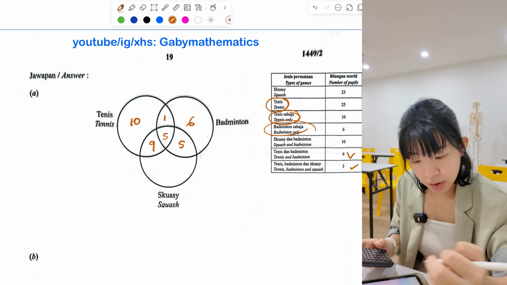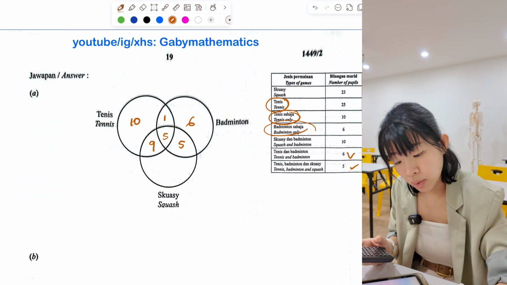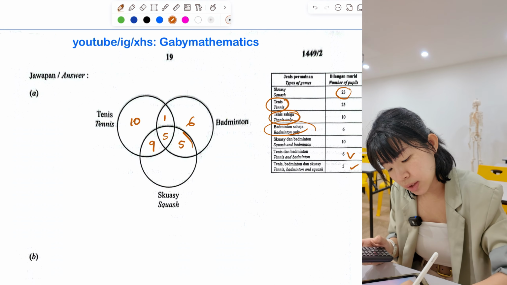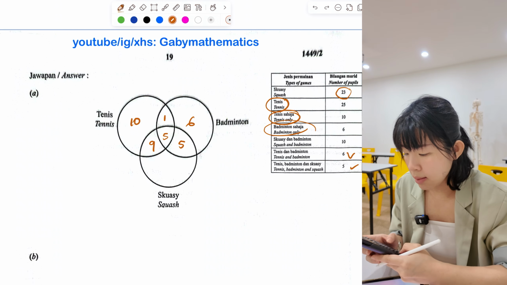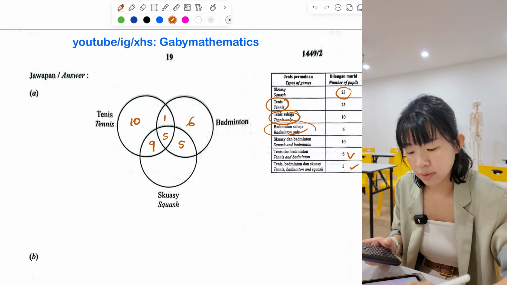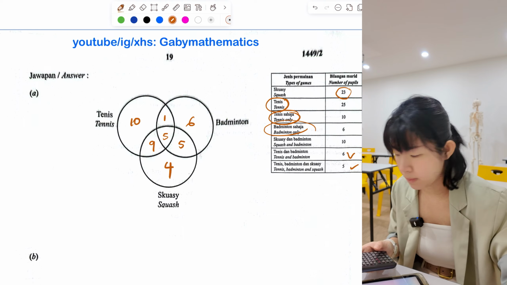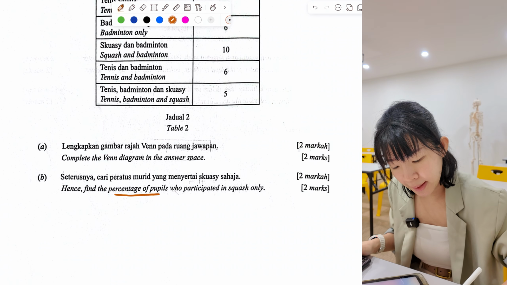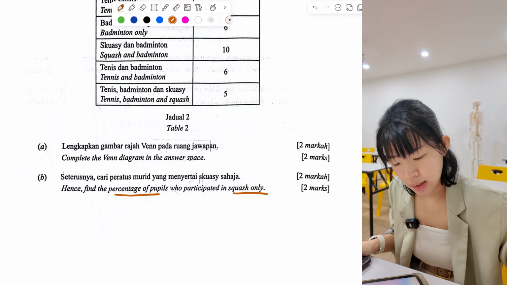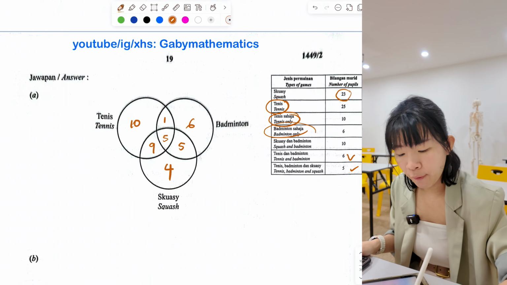Last, squash, 23. This 23 refers to this whole thing. How about the empty one? 23 minus 9 minus 5 minus 5, which is 4. Part B: find the percentage of people who participated in squash only. Squash only is 4 people.